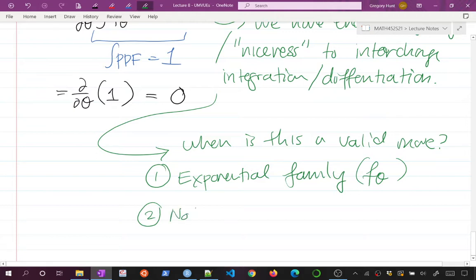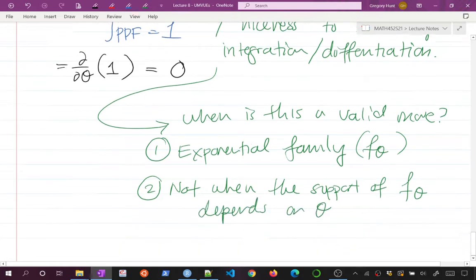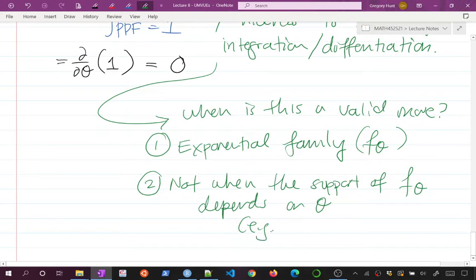It is not acceptable when the support of f theta depends on theta. So, e.g., Uniform 0 to theta: the support of that distribution depends on theta, and so this is not going to be an allowable move.